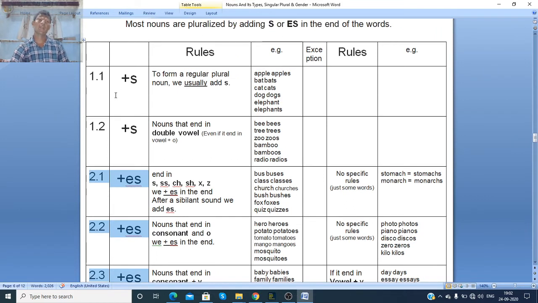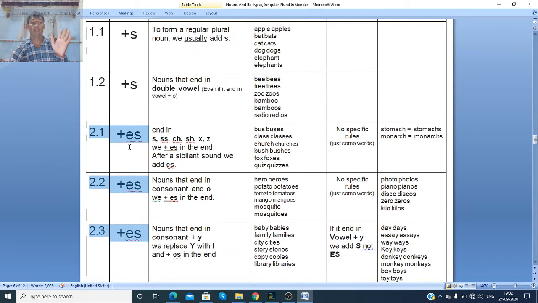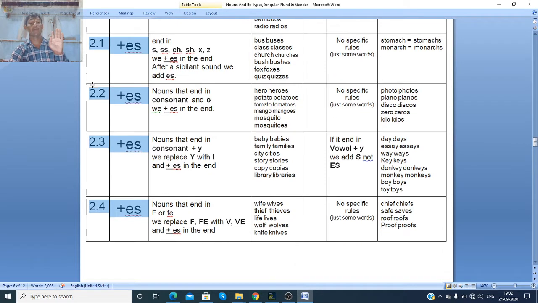But here are two rules, which I have named 1.1 and 1.2, for adding s at the end. And there are four ways for adding es at the end of the word, which I have numbered 2.1, 2.2, 2.3, and 2.4.